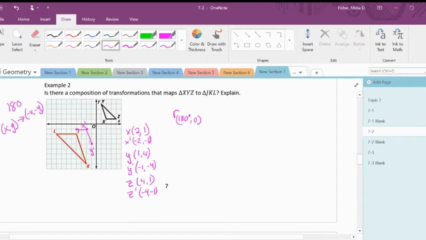So we have successfully rotated 180 degrees. And then, remember, in a composition, we have to put the second thing we did over here.